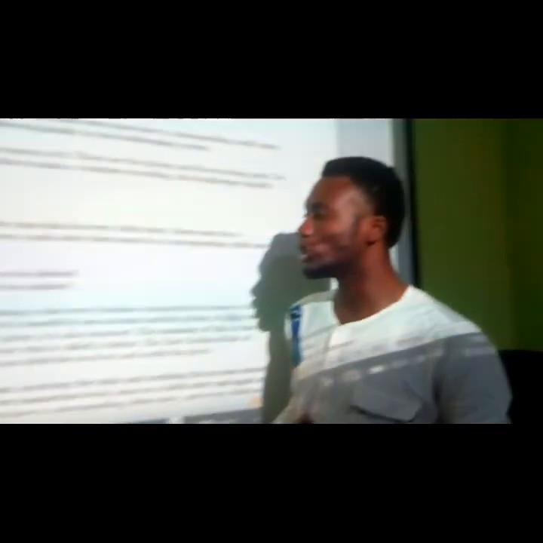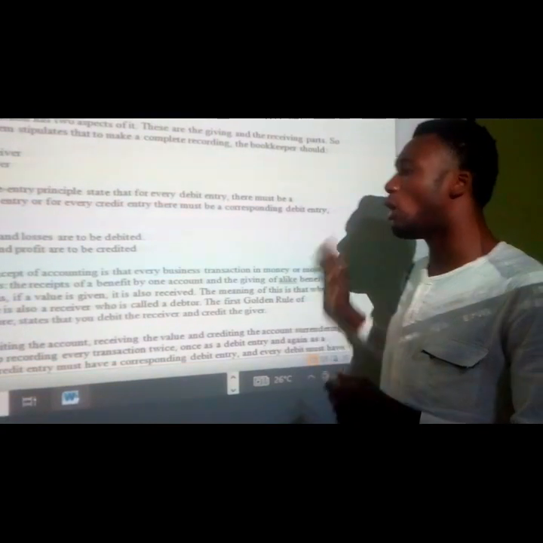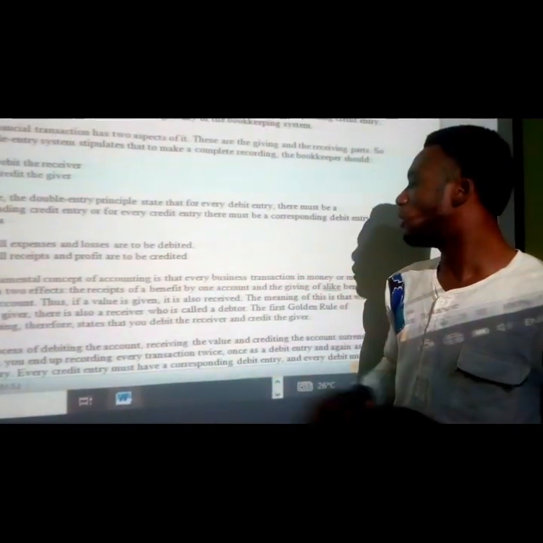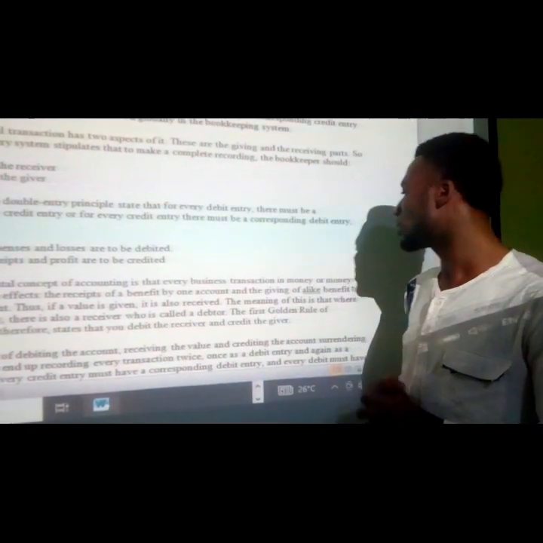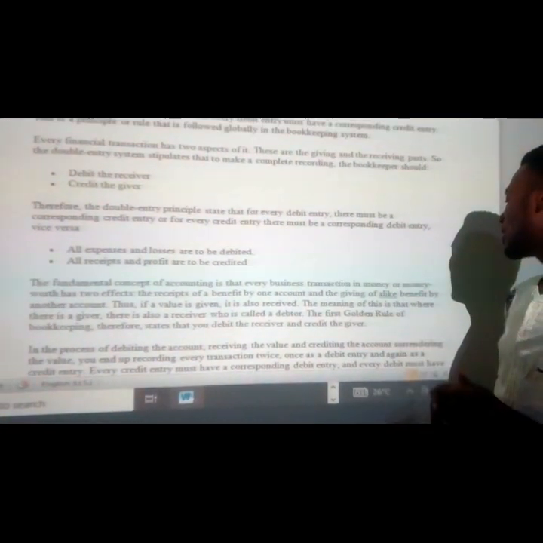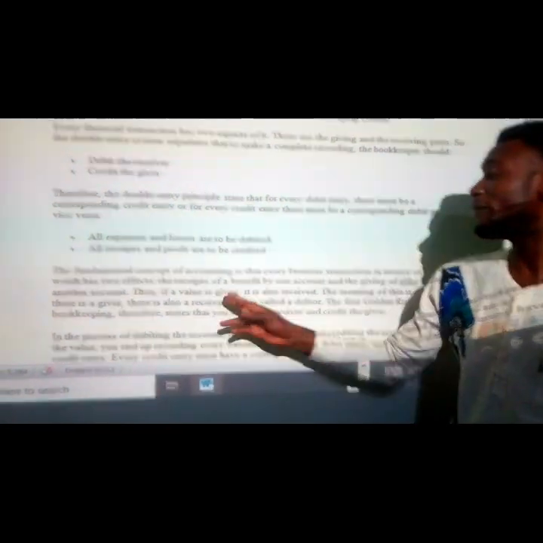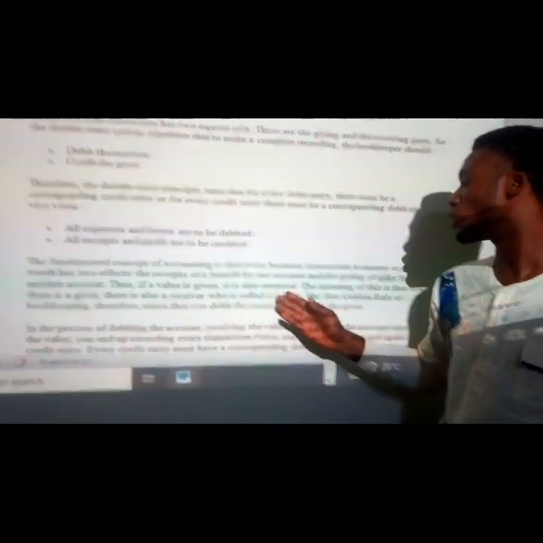Let's continue. The fundamental concept of accounting is that every business transaction in money or money's worth has two effects: the receipt of a benefit by one account and the giving of a like benefit by another account. If a value is given, it is also received.